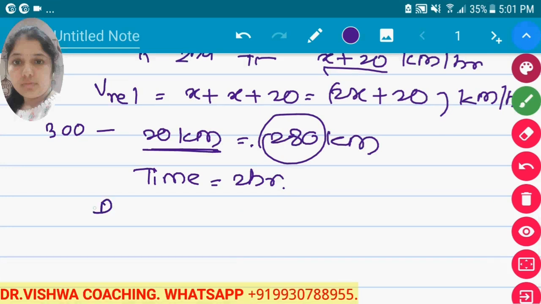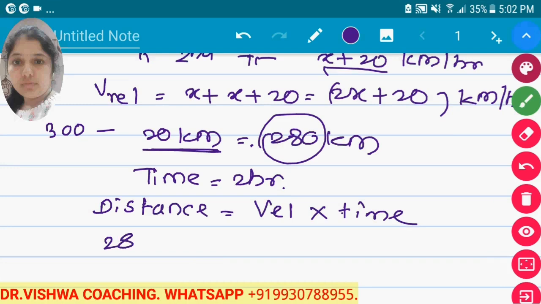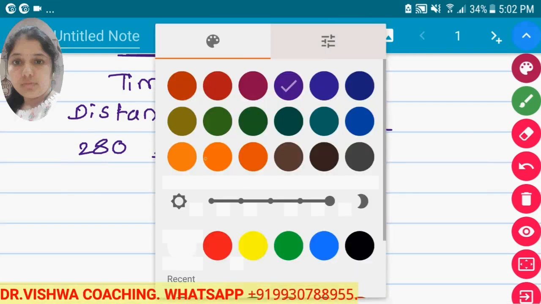Now we know the formula for distance is distance equal to velocity into time, or velocity is equal to distance upon time. Now distance is 280 kilometer, relative velocity is 2x plus 20, and time is 2 hours. Now solve it.